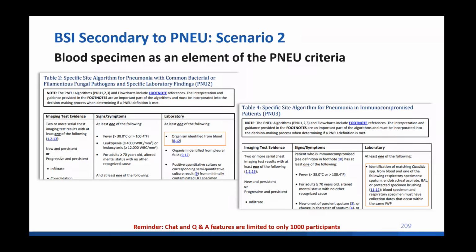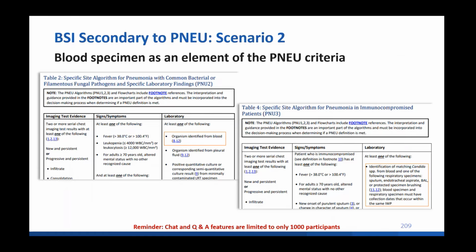Now let's move on to secondary BSI scenario 2. Remember, secondary BSI scenario 2 is met when an organism identified in the blood specimen is used as an element in the infection window period to meet the pneumonia definition. For pneumonia, there are 2 laboratory elements from the pneumonia 2 and the pneumonia 3 algorithms in which blood can be used as an element to meet pneumonia.